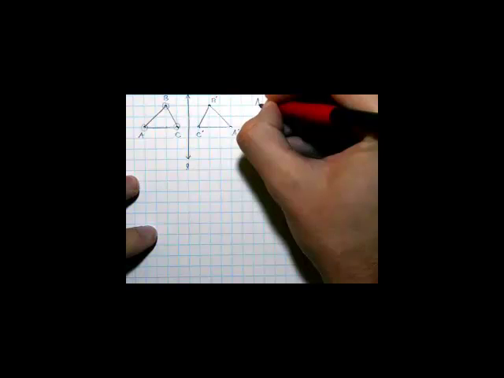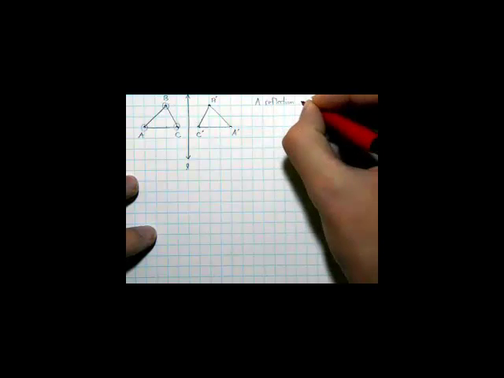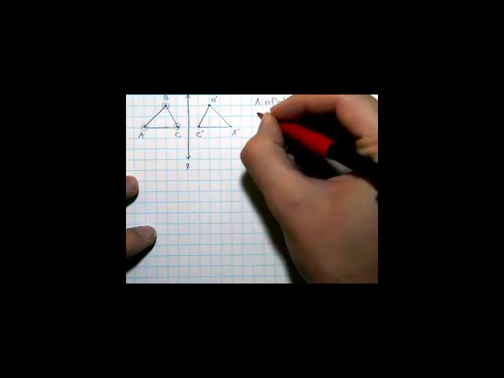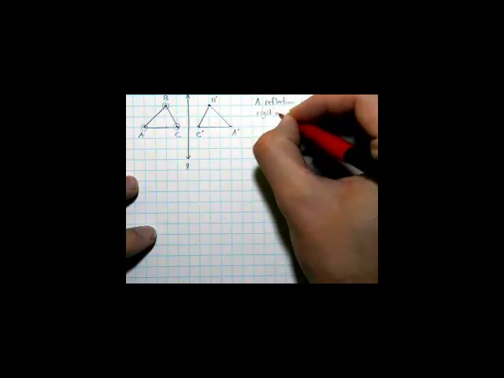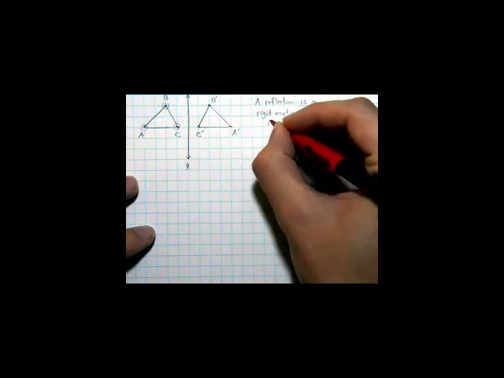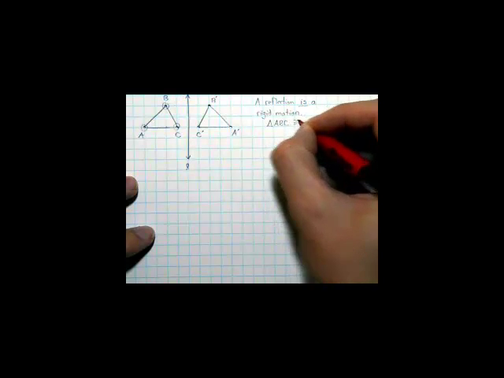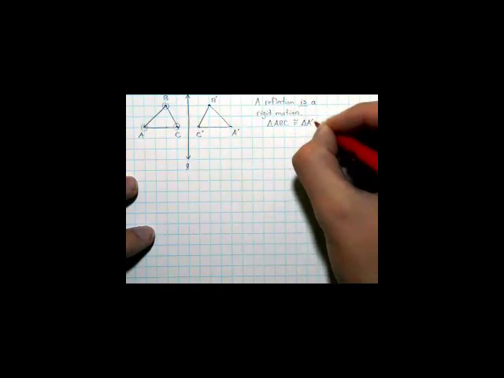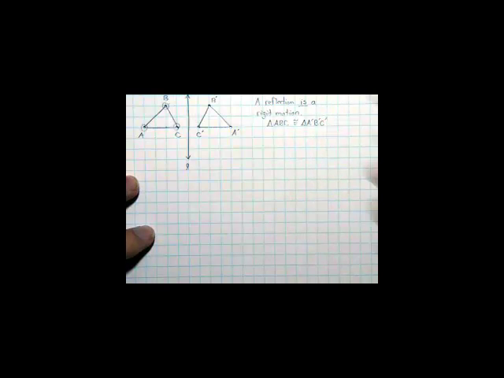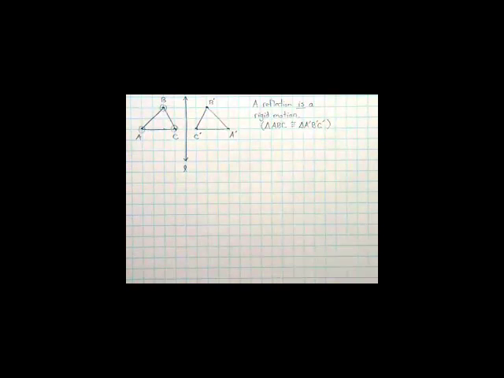So I'm going to jot that down. It is a rigid motion because triangle ABC is congruent to triangle A prime, B prime, C prime. Everything still matches up, it's just flipped around.